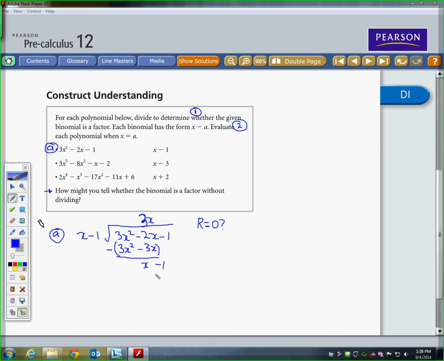And then I'll say plus 1 here, x minus 1, and my remainder is 0. A little bit messy here, but the question was to determine whether the given binomial is a factor, and for the first one we can say yes, because the remainder was equal to 0.